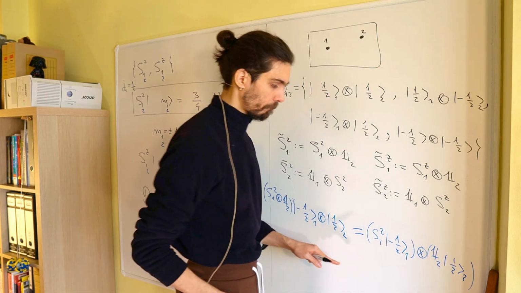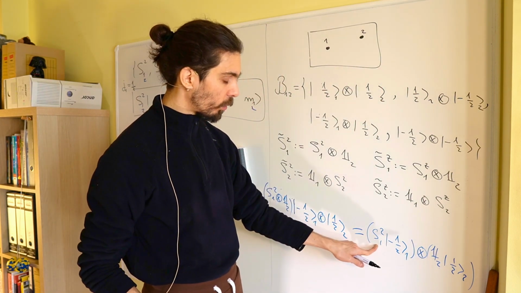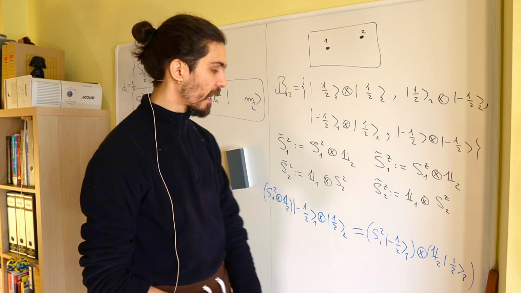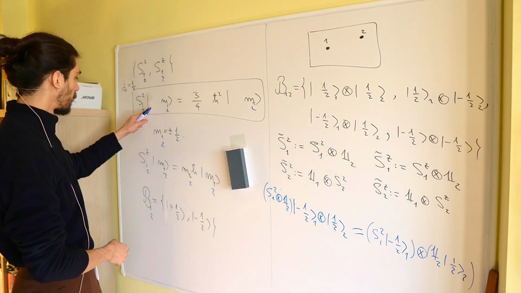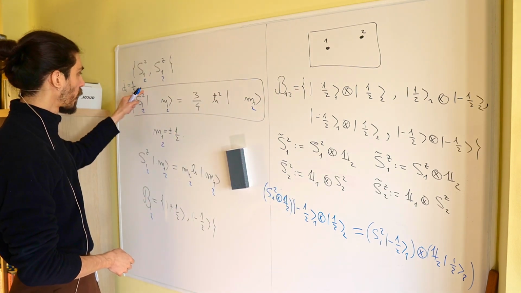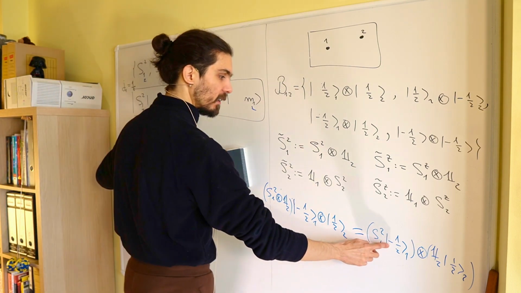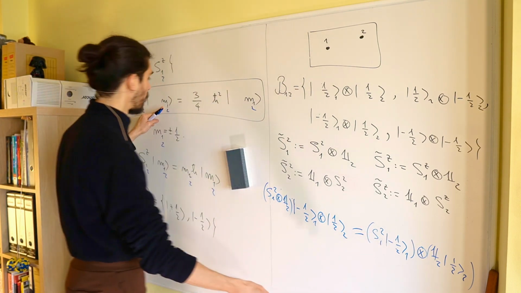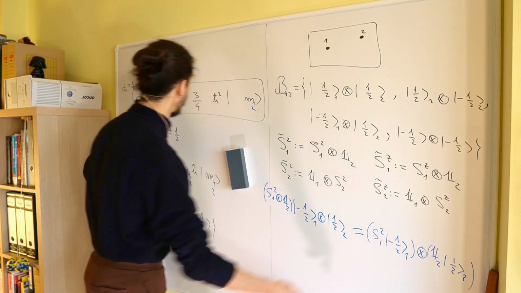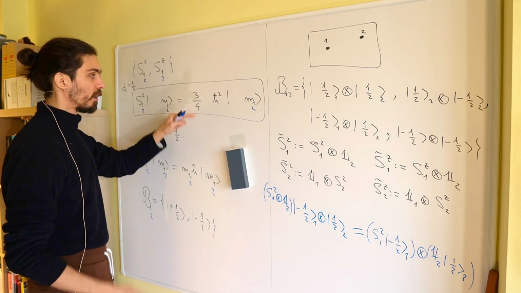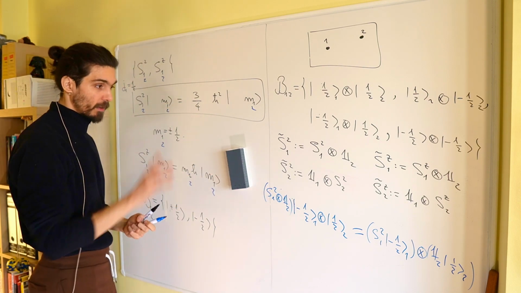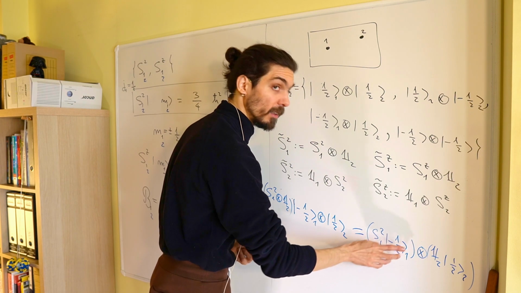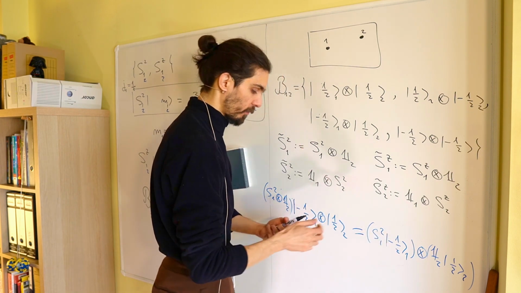Can you see? We know how S1 squared acts on that. It's written here, right? So S1 squared acting on minus 1/2 here on this ket is going to give us 3/4 h bar squared. Remember, I suppressed the j here. The j is always 1/2.